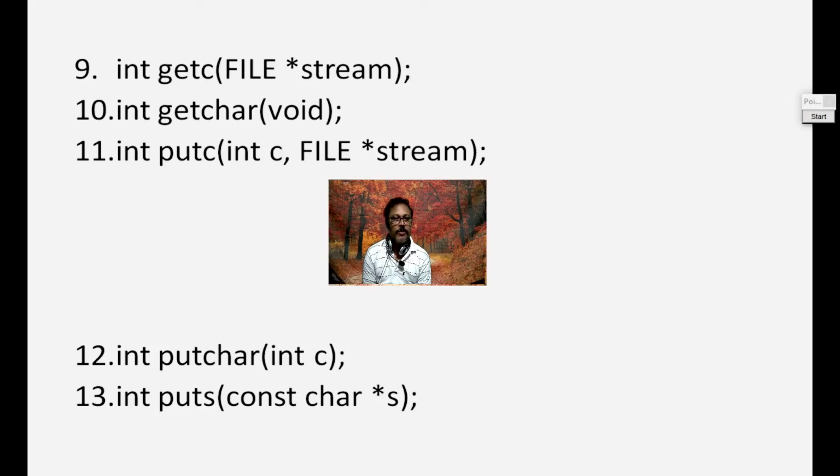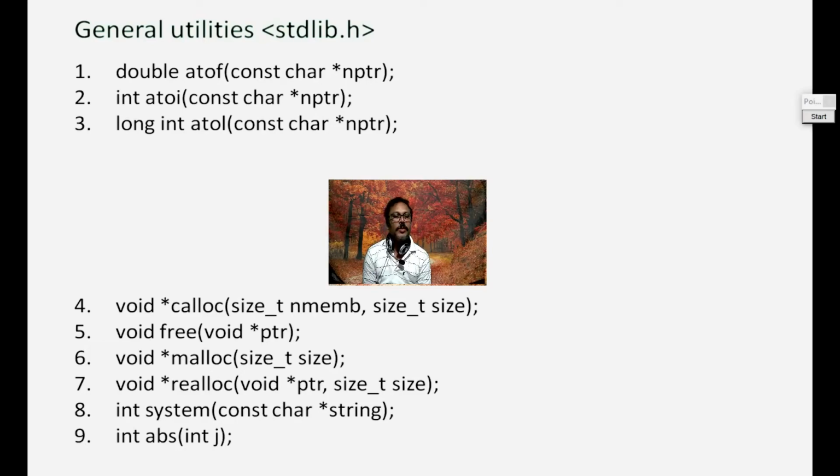These are some of the library functions that are available. Depending on the requirement, we will be using them. Then stdlib.h, which is basically for converting from string to integer and integer to string. 123 can be treated as an integer or it can be converted to a string. A string is a sequence of characters: 1, 2, 3.